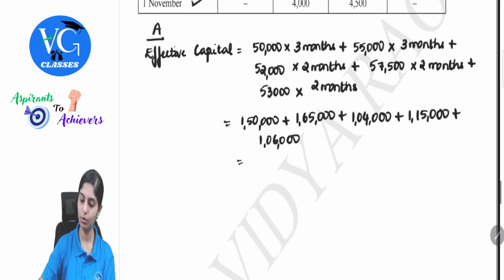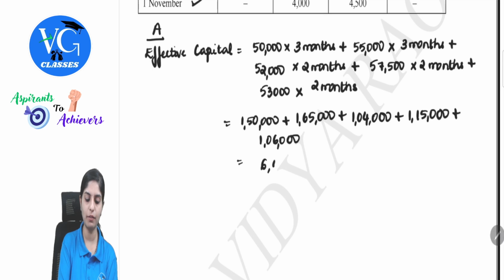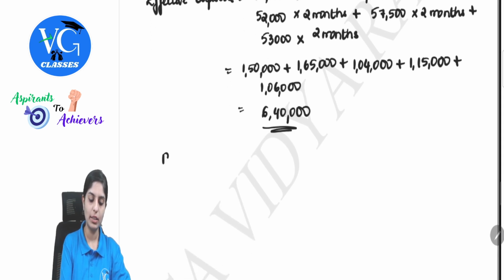So this in total will be 1,15,000, 1,04,000 plus 1,65,000, 1,50,000, 6,40,000. What is this called? Effective capital. We will next do in the same way for B.